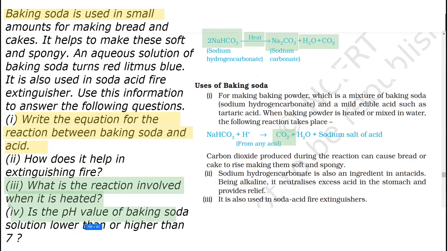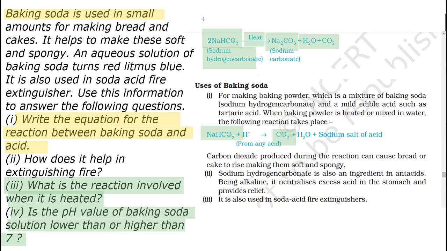The last part: the pH value of baking soda solution is lower or higher than 7? As you know, sodium hydrogen carbonate is a basic salt. So therefore, its pH has to be more than 7.